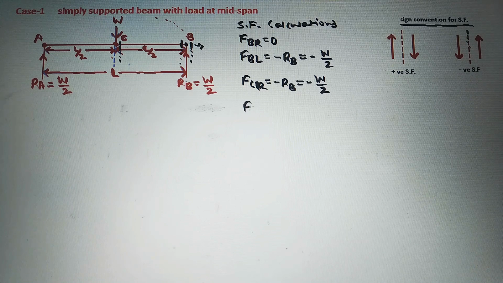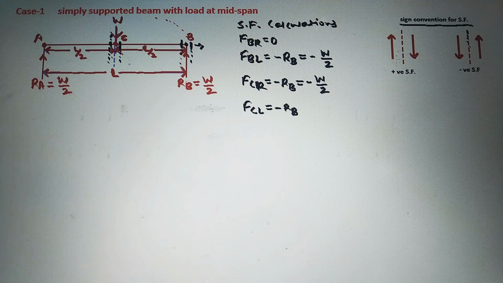Next we will take shear force at a section just left of C. See this, just left of C. Now see on the right side, this is the section which is just left of C. See on the right side, first is RB. On the right side of a section, RB is acting in upward direction, so it will be taken as negative by this sign convention for shear force. Next load acting on the right side is W, and this load is acting in a downward direction.